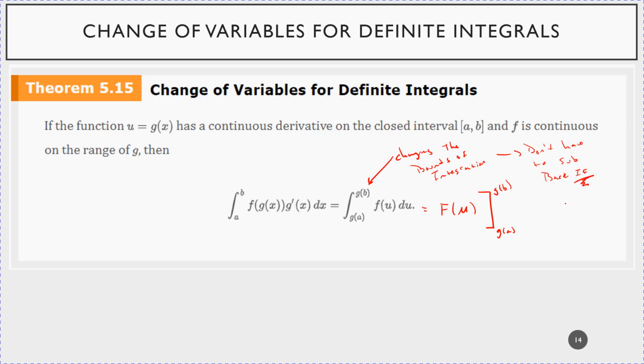If you do not change the bounds of integration, you do have to substitute back. This is a real simple concept. So I've got two examples picked out for you here. All right, here will be the first one, and I'll illustrate all of this for you.